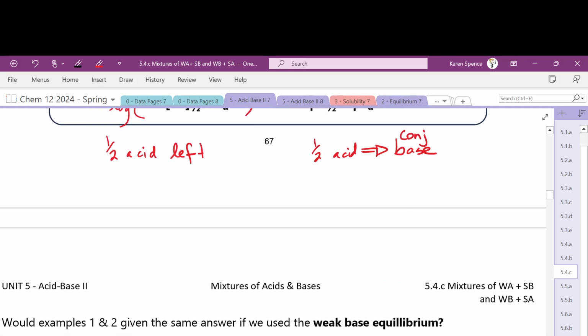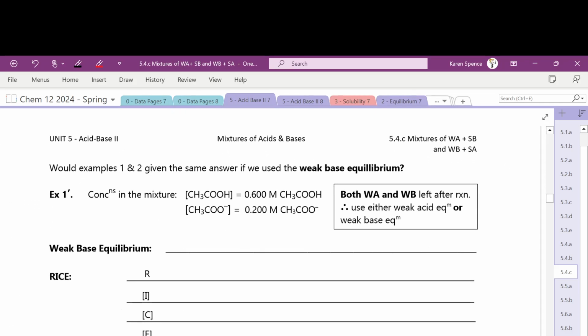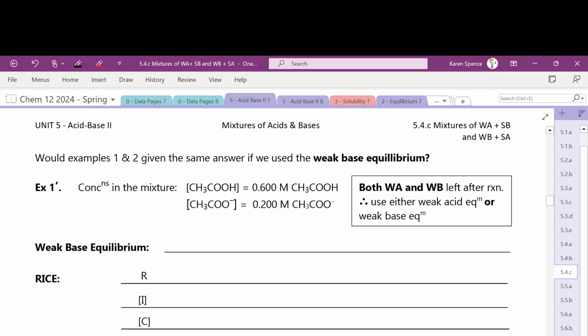I don't know that it is really worth our while to do the same calculation with the base. You can do exactly the same calculation, but you would start with the weak base equilibrium. Maybe what you could do is just write the weak base equilibrium here. Why don't we do that? Okay.